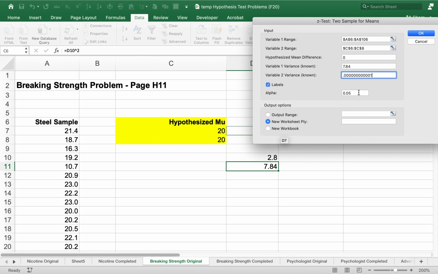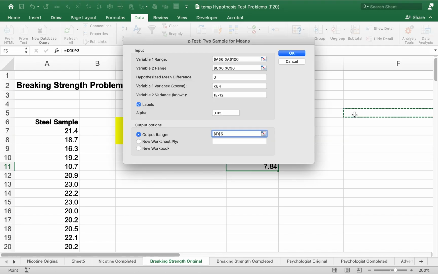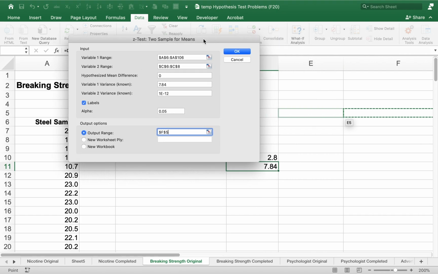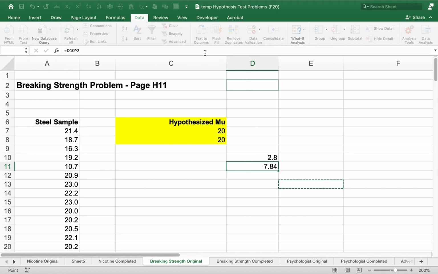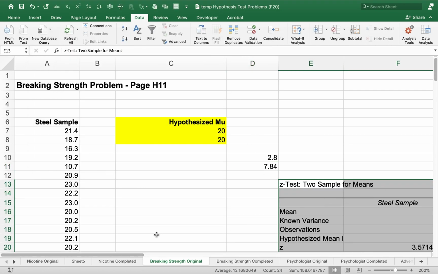Your alpha defaults at 5% here. Your output range, and we'll just go find a spot here. Let's do it down here maybe, and press OK. And let's see what we get.